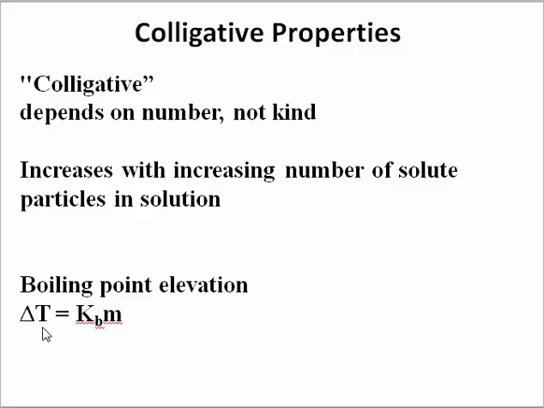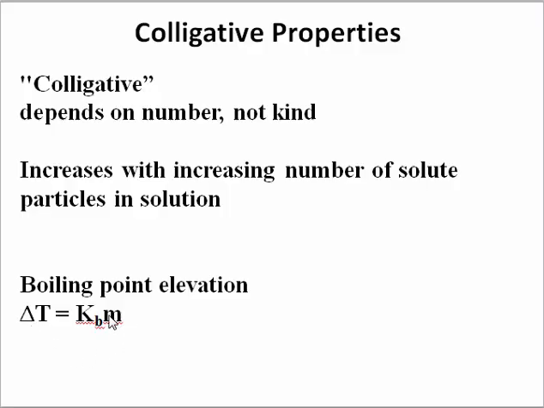The expression to describe boiling point elevation is straightforward. On the left-hand side, we have change in temperature, the increase in the boiling point. Note that a change in temperature will be the same in Celsius as in Kelvin.